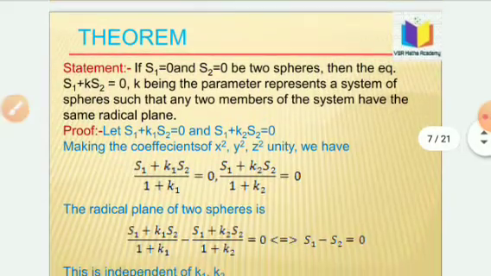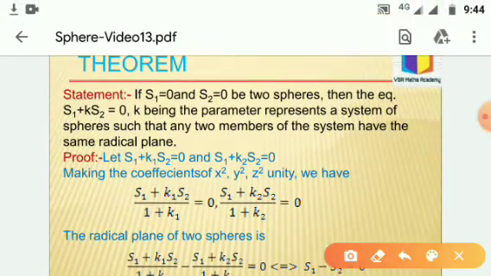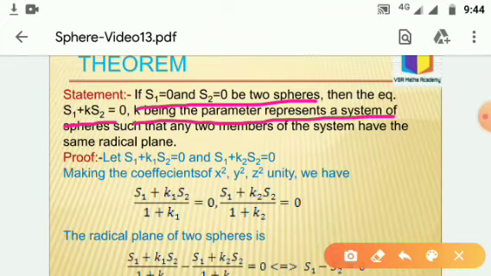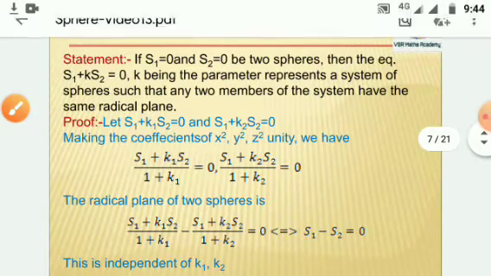Next, see this theorem. What is the statement of the theorem? If S1 = 0, S2 = 0 are two spheres, then the equation S1 + KS2 = 0, where K is a parameter, represents a system of spheres such that any two members of the system have the same radical plane.